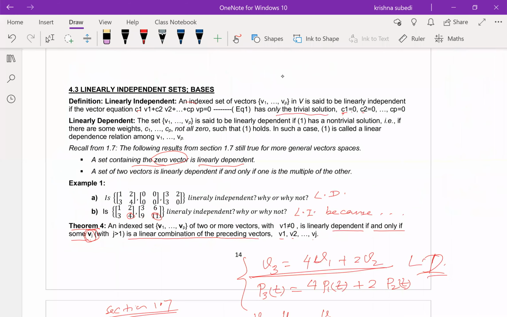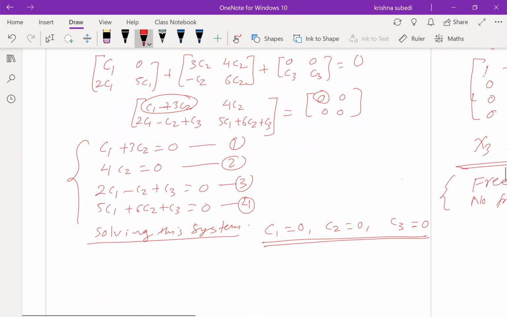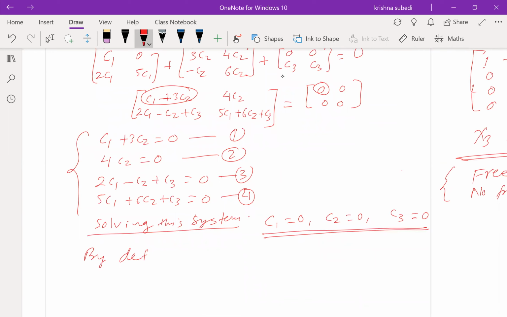The definition says we consider that vector equation, which is a homogeneous equation, and if it has only the trivial solution, meaning all these values are individually 0, then we call it linearly independent. So by definition, because there is only the trivial solution, the given set is linearly independent.